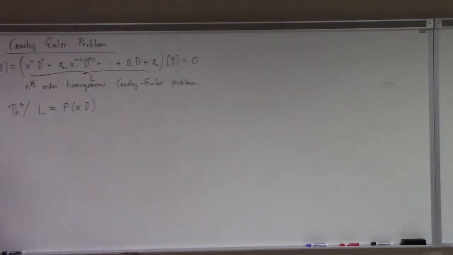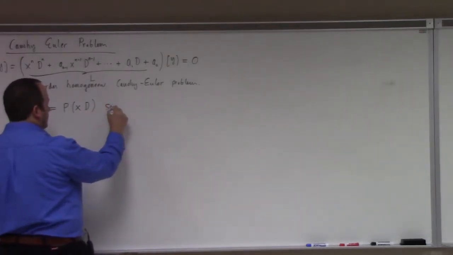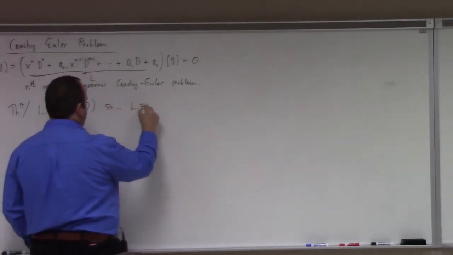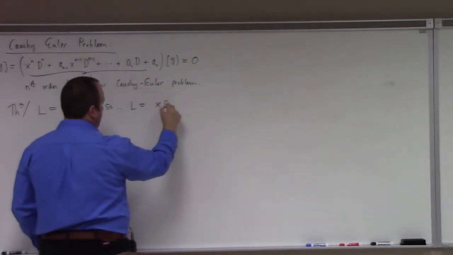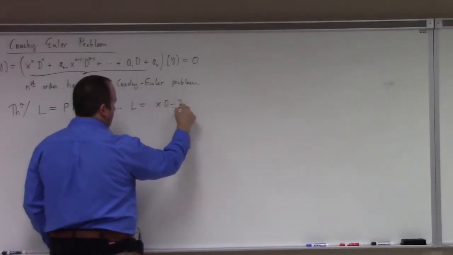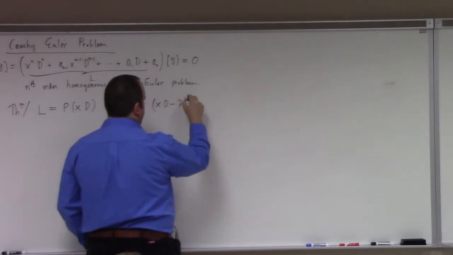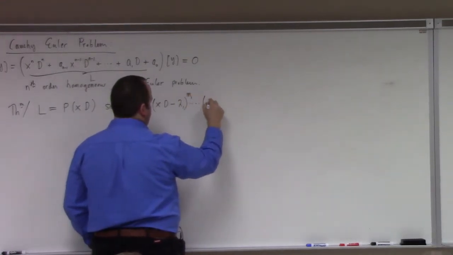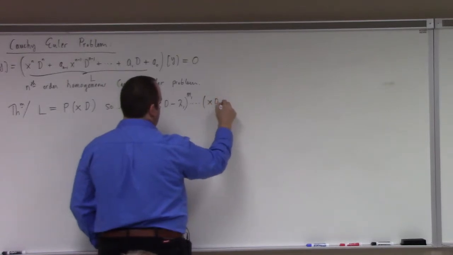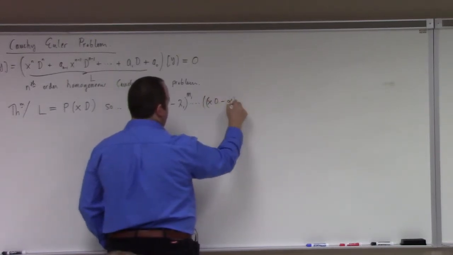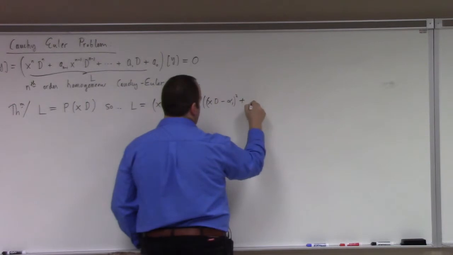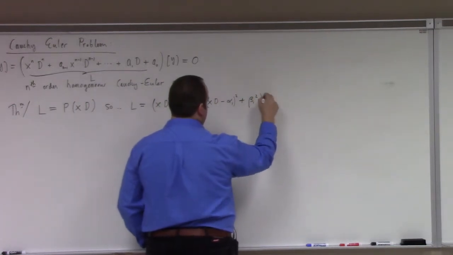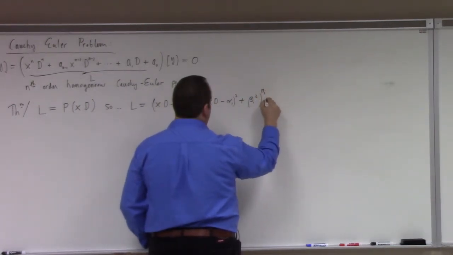So we can write L as something like xd minus lambda 1 to the m1 power, and then things like xd minus alpha 1 squared plus beta 1 squared to the n1 power, and so on.